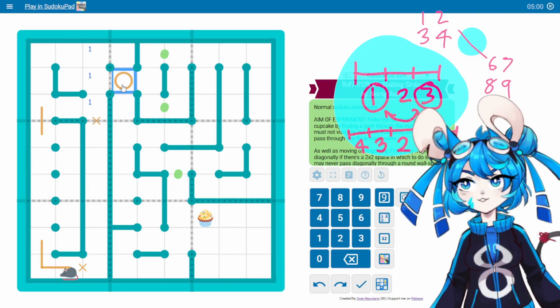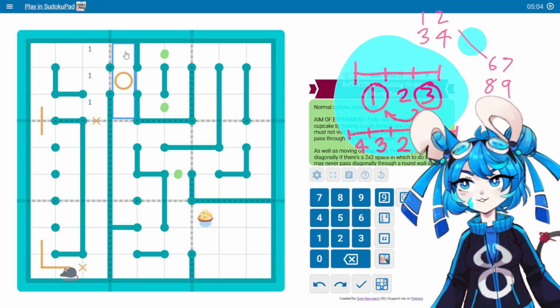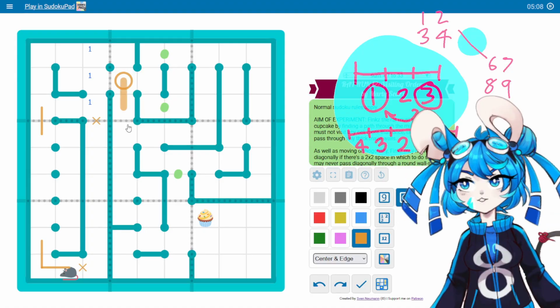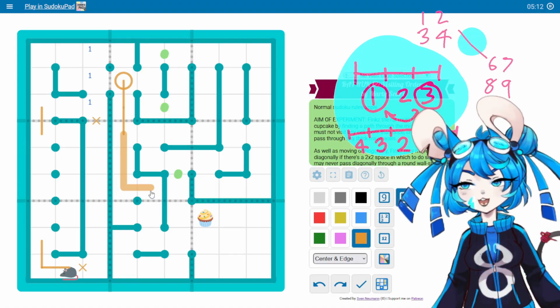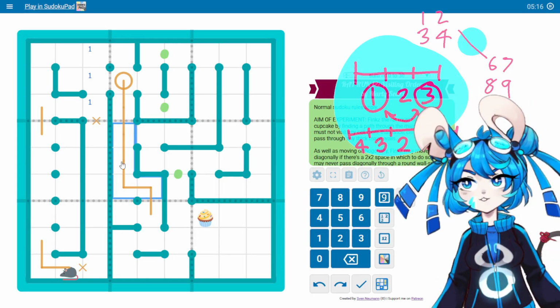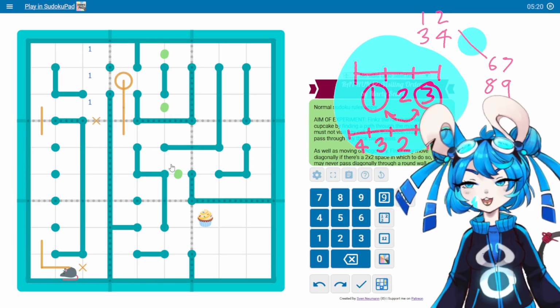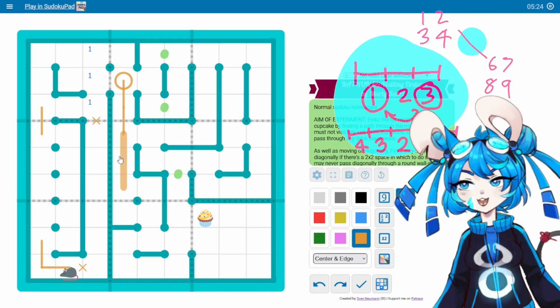I think I see what's going on here. If these are the digits 1, 2, and 3, well, if the path goes through this corridor here, then it can't go straight down because then we have the digits 1 through 4 in 5 cells in this column. And by the same metric, it can't go straight down either.